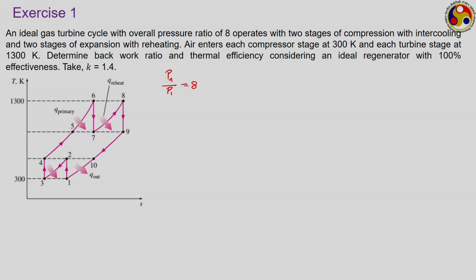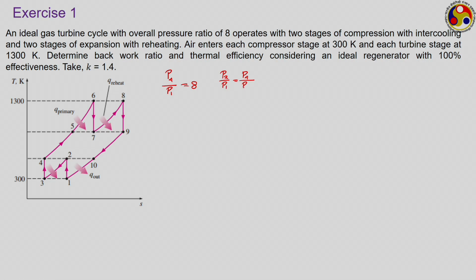If it is having a perfect intercooling, then we have the pressure ratios to be equal, that is P2 by P1 should be equal to P4 by P3, and as we are neglecting any kind of pressure loss, we can write that P2 and P3 are equal.